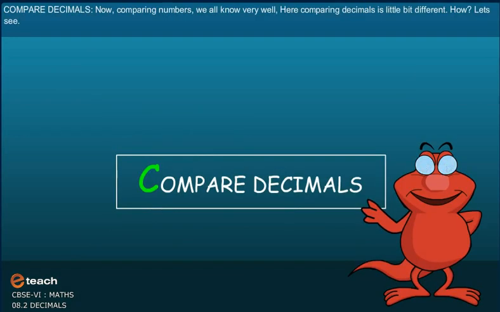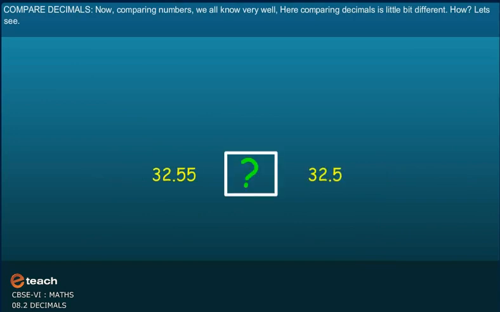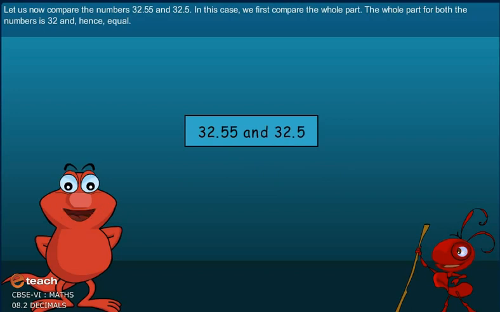Compare decimals. Now, comparing numbers we all know very well. Here, comparing decimals is a little bit different. How? Let us see. Let us now compare the numbers 32.55 and 32.5. In this case, we first compare the whole part.